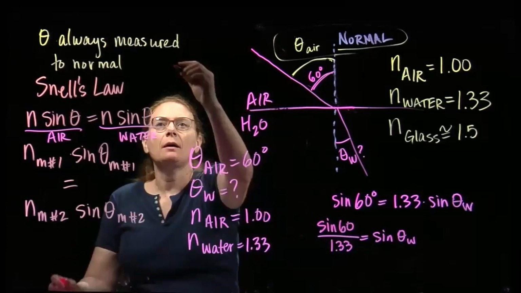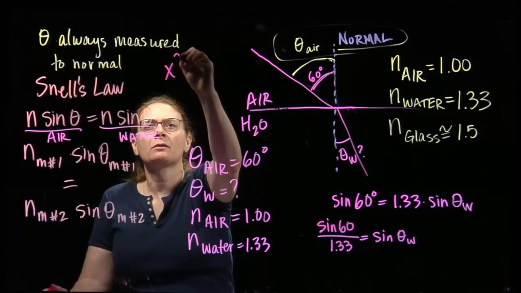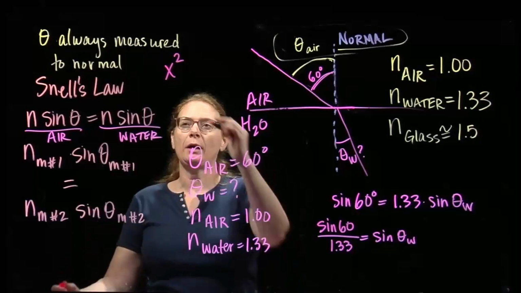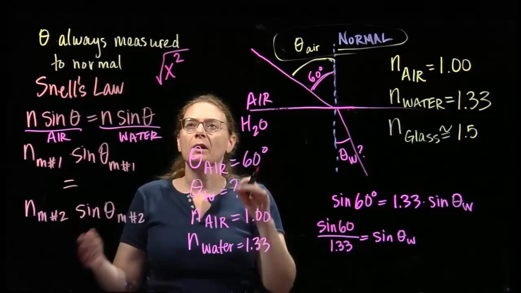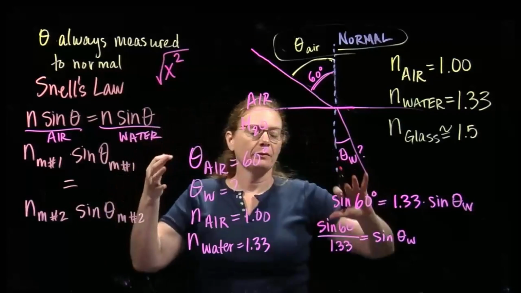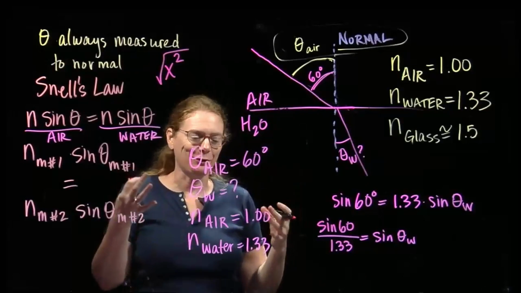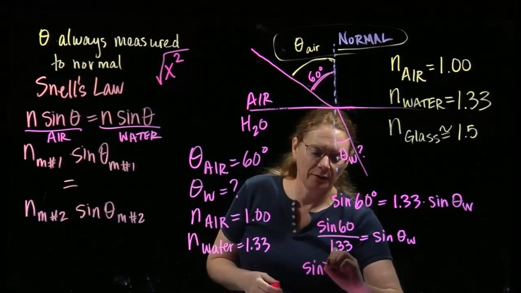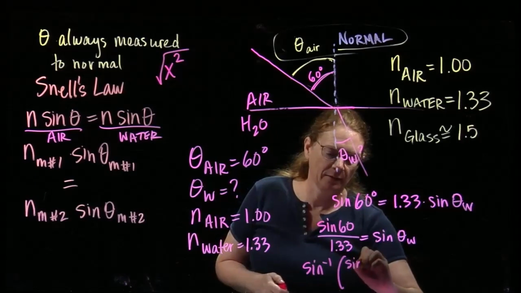It's the same idea as if you have an x squared and you want to get x. In order to get rid of a square, you do the square root. They're kind of the inverses of each other. There's the key word, inverse. So what I'm going to do is the inverse sine of both sides.